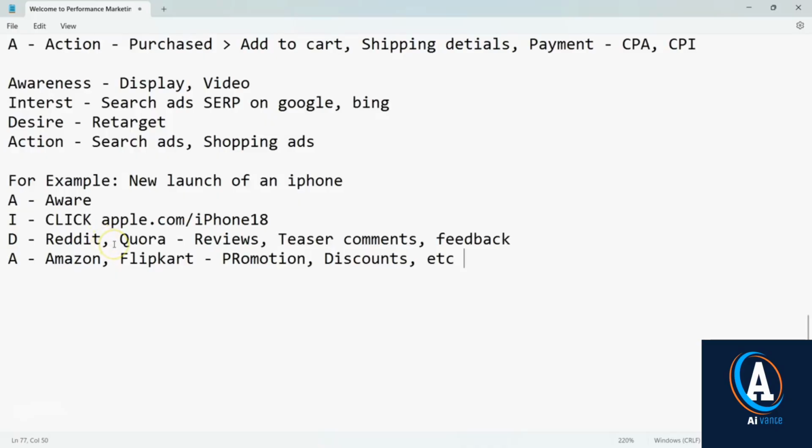That data you're getting from Reddit, Quora, etc. And then finally, if you're interested, you have enough kidneys to buy with, then you can look at Amazon or Flipkart to go ahead and purchase it. That is where the promotions or discounts try to lull you to actually buy the product right now with some really crazy offers and discounts, etc.